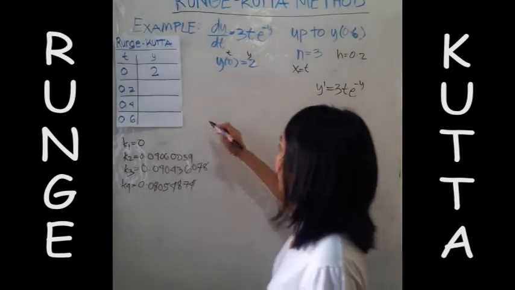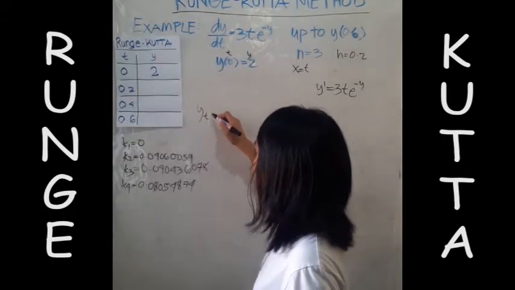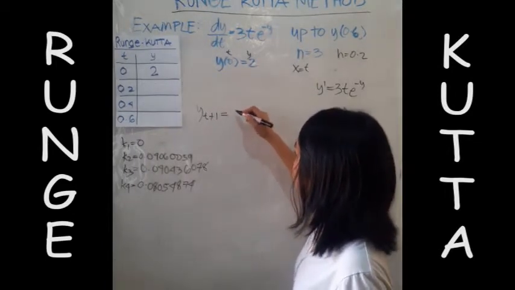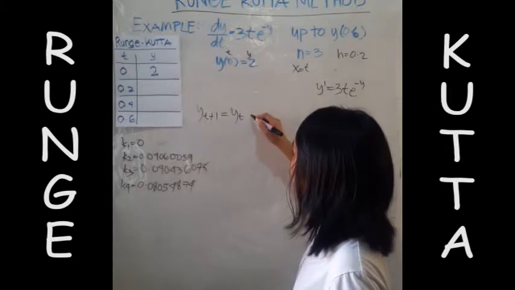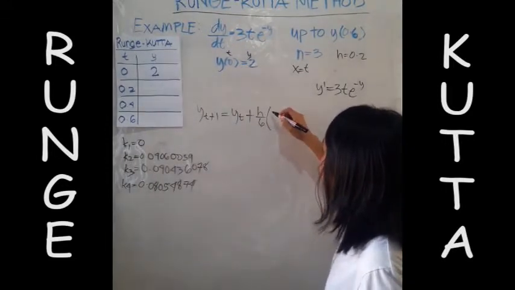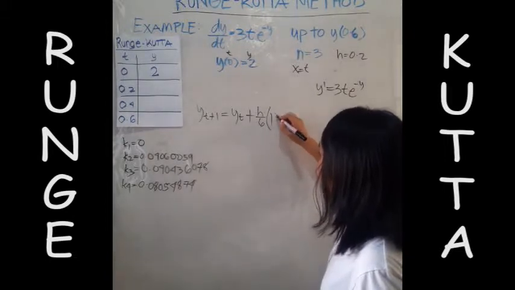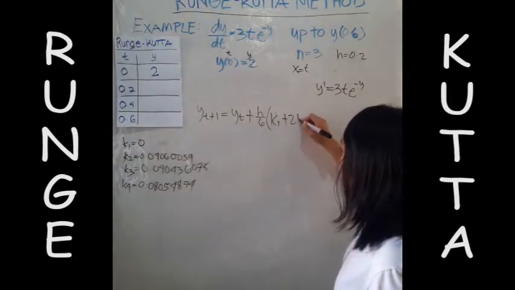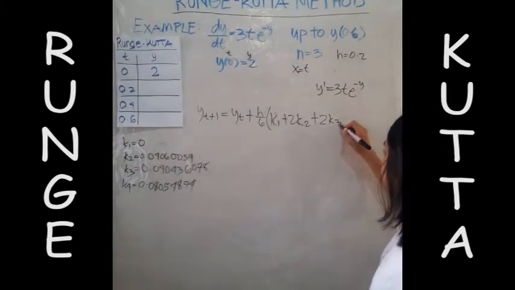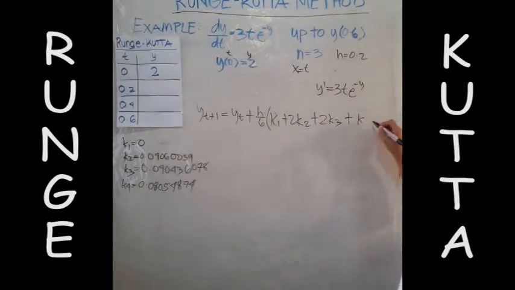So now we are ready to proceed with finding the value of y when t is equal to 0.2. So the formula is y t plus 1 is equal to y t plus h over 6, multiply it by k1 plus 2k2 plus 2k3 plus k4.